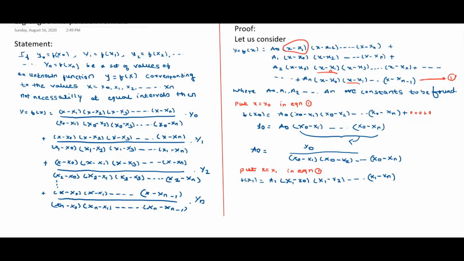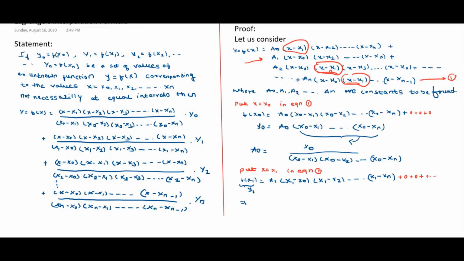So this is x minus x1, this is also x minus x1, and this is also x minus x1, except the second term, where the term containing x minus x1 is absent. So here we can write only the second term. The remaining terms are equal to 0, 0 plus 0 plus 0 and continue. So this f of x1, you can also write as y1.